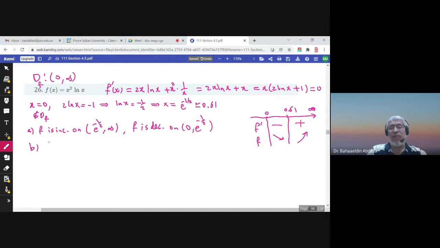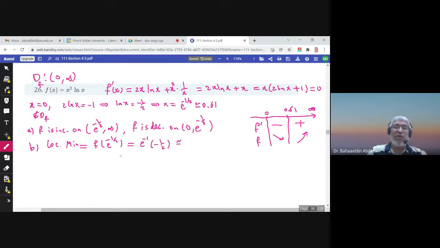And the answer to part B, we have a local minimum at 0.61, or the local minimum is just f of e to the power negative half. And f of e to the power negative half would be e to the power negative half squared, and that's e to the power negative 1, times ln e to the power negative half, and that's just negative half.